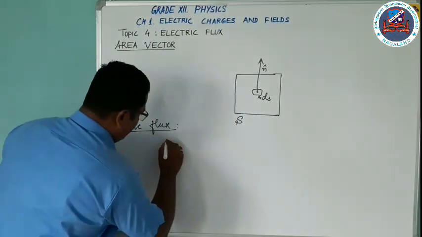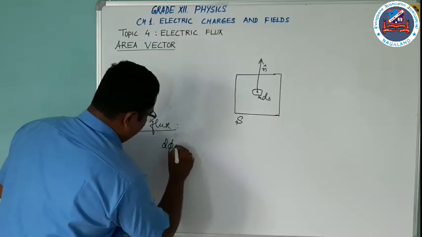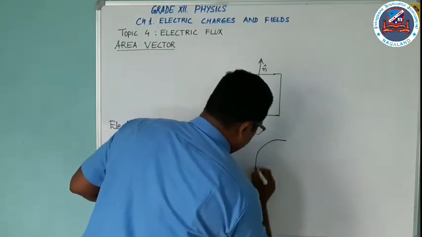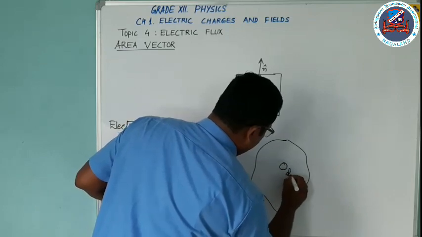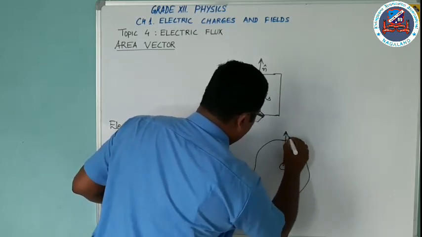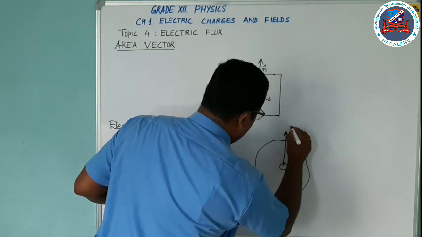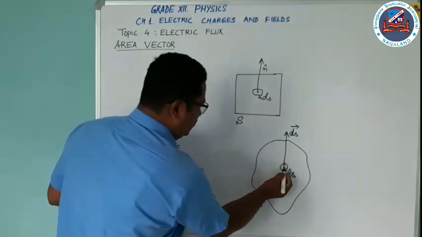Suppose d phi is the electric flux passing over a surface, say this is the surface S, and choosing one small area element ds, the area vector will be pointing normally, perpendicular to the surface.